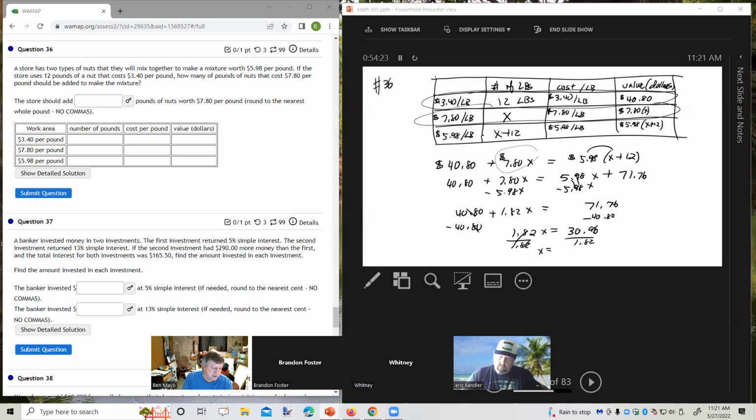I got 17.01098, but it says round to the nearest whole pound. Nice. So I got 17.01098901. So it'd be 17. Okay. So this is 17. This is 17 plus 12, which is 29. Now, it says the store should add how many pounds of nuts worth $7.80? So that's the 17.